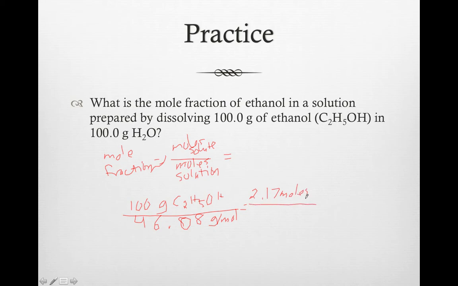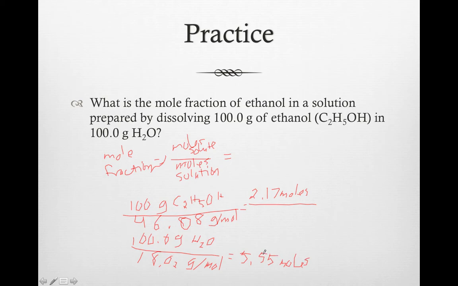And that's going to be divided by my moles of water, which is going to be 100 divided by, oops, this is grams of water, divided by 18.02 grams per mole of water. 100 divided by 18.02 is 5.55 moles of water.